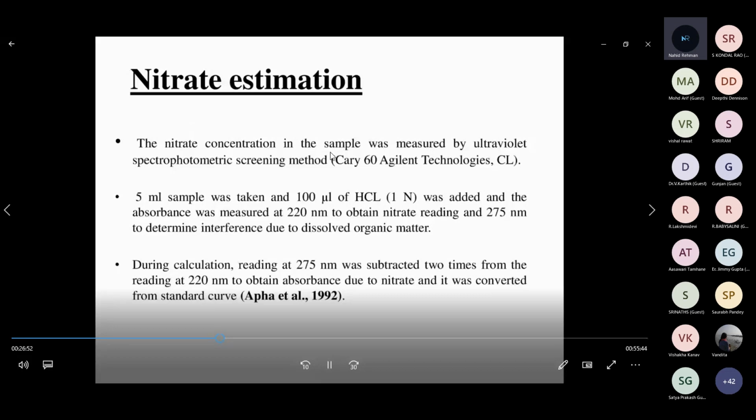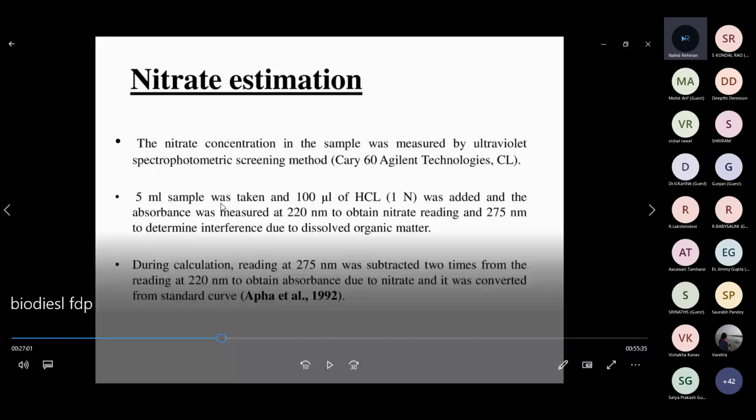Initially, the nitrate concentration in the sample is measured by the ultraviolet spectrophotometric screening method. For this, 5 ml of sample is taken and 100 microliter of 1 normal HCl is added into it, and absorbance is taken directly at 220 nanometer to obtain nitrate, and also at 275 nanometer, because absorbance at 275 nanometer gives the interference of dissolved organic matter.